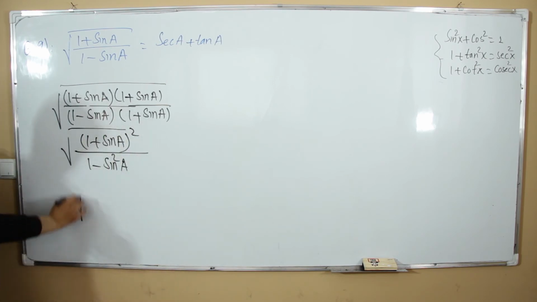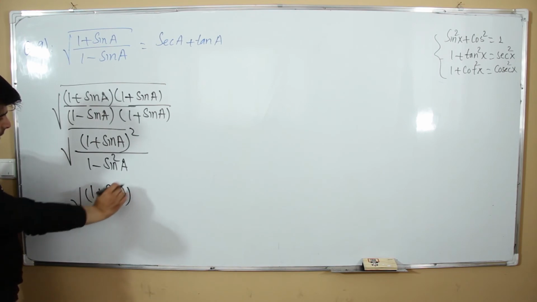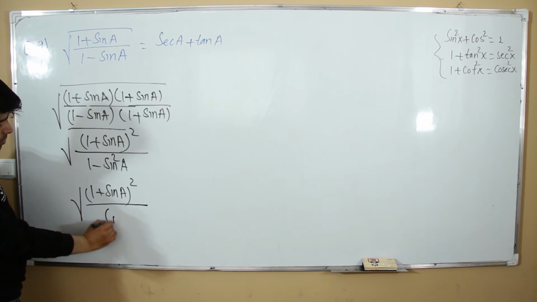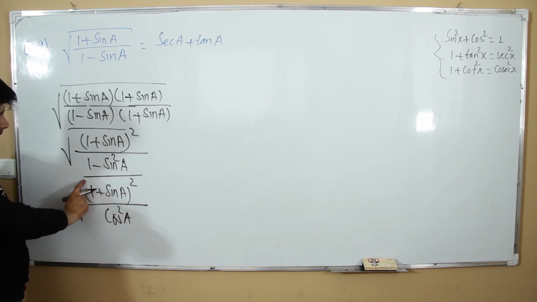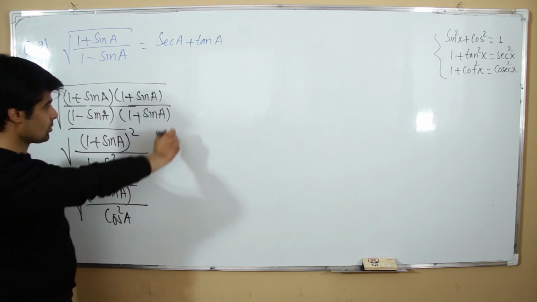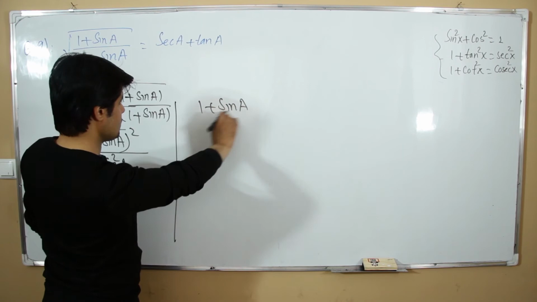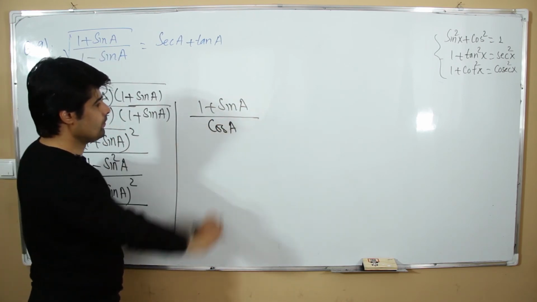Now what do you think? 1 plus sine A whole square, put it as the same it is. So this one is cosine square of A. Now this is cancelled, this one is also cancelled. So you will have 1 plus sine A divided by cosine A.